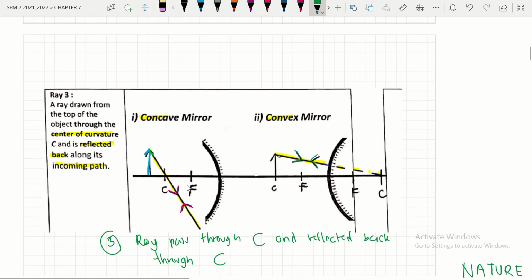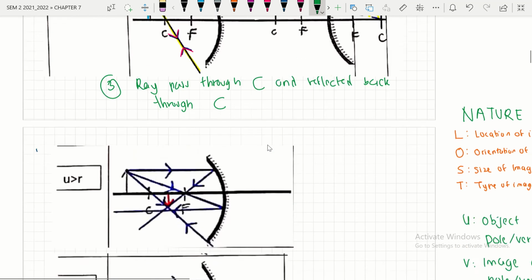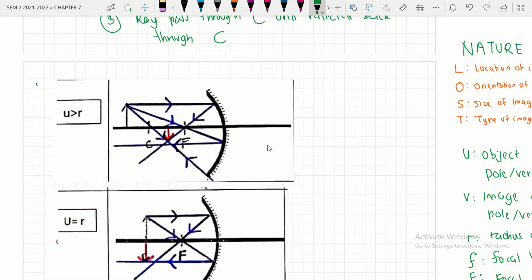Whereas the third ray, the easiest one, where ray passes through center of curvature and reflected back through the center of curvature as well. Okay, so before I proceed with the ray diagram for the concave mirror, we are going to learn how to draw ray diagram for concave mirror.